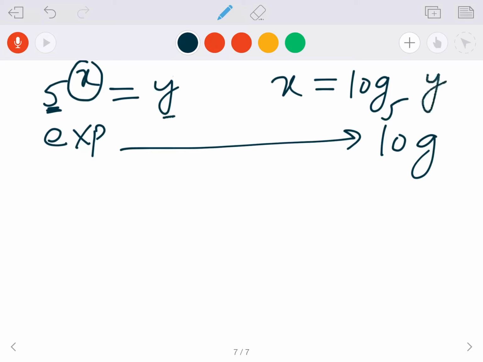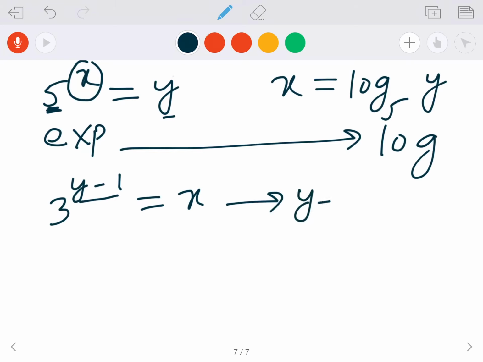Let's say something like this. It doesn't matter what we have on the power. It's always whatever is in the power. In this case, we have this whole thing, y minus 1.